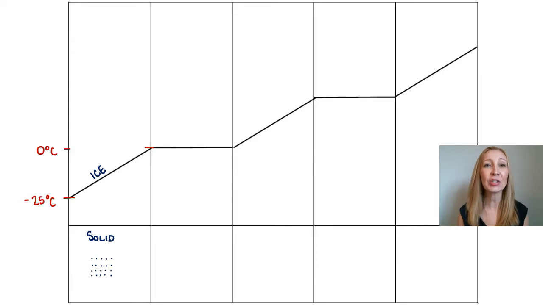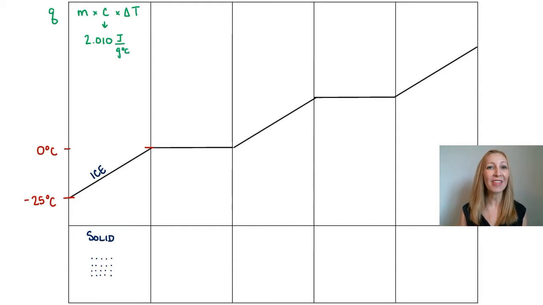But it doesn't initially melt. What happens is first, that ice heats up to its melting point. So if we're going to calculate how much energy it requires to heat that ice up to its melting point, we need that mc delta T equation. Now the specific heat capacity for ice is 2.010 joules per gram degrees Celsius.